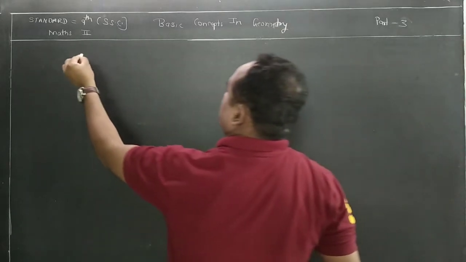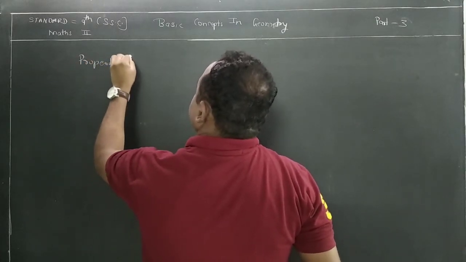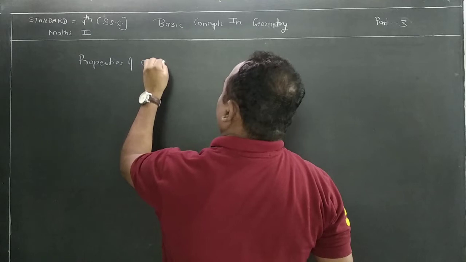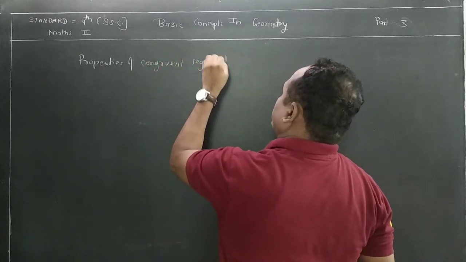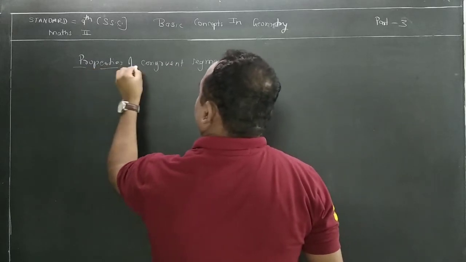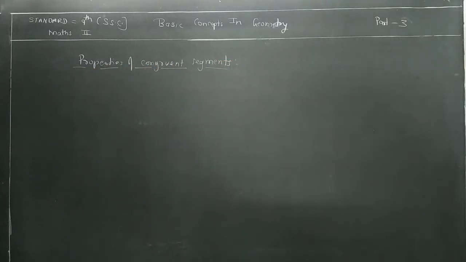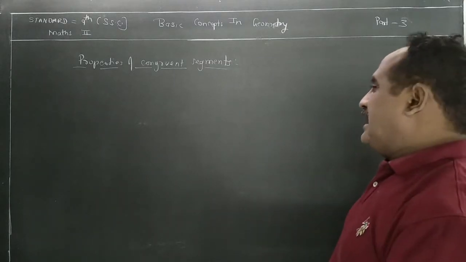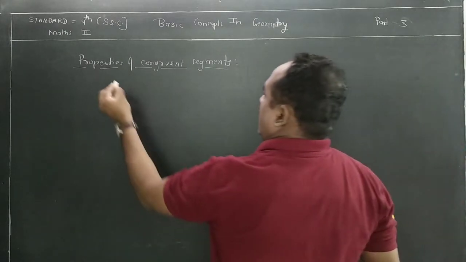We are going to the properties of congruent segments. Congruent means equal length, and such segments we call congruent segments.